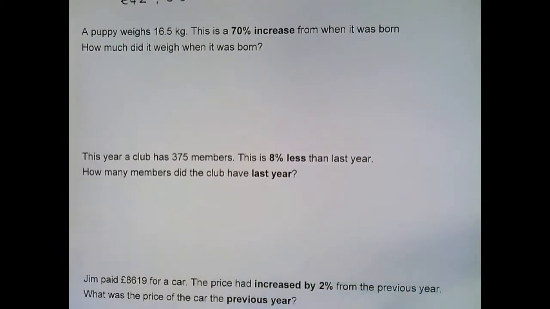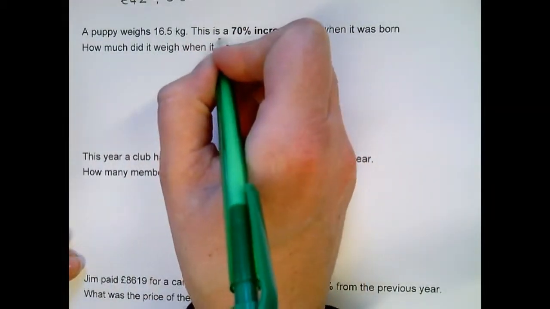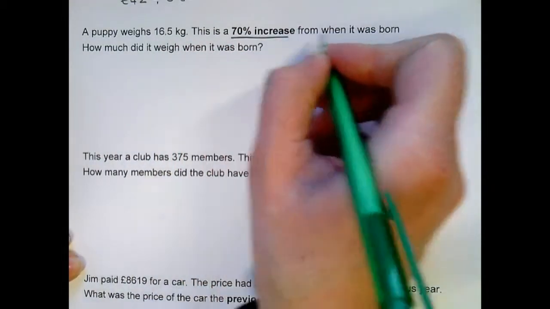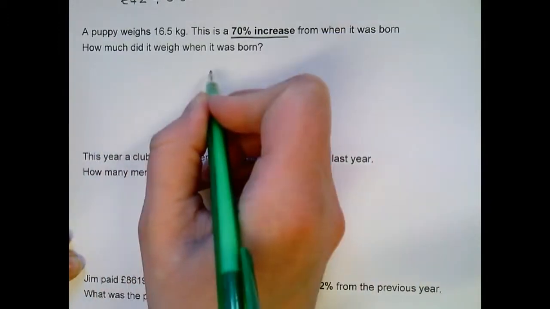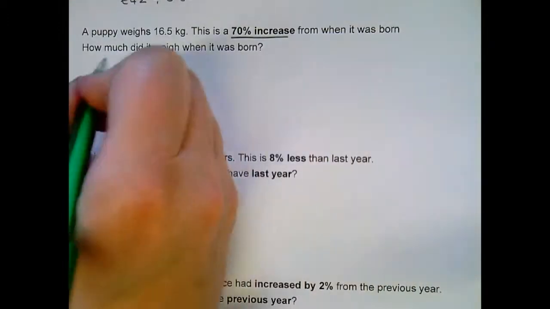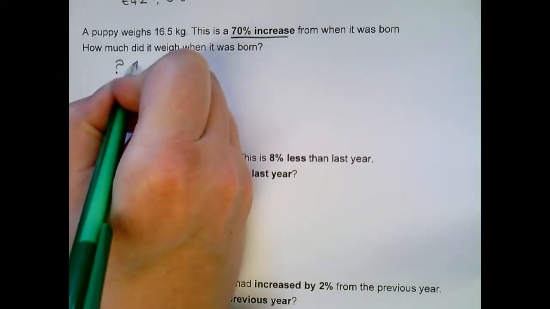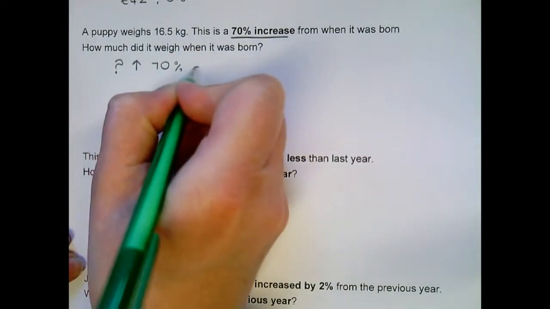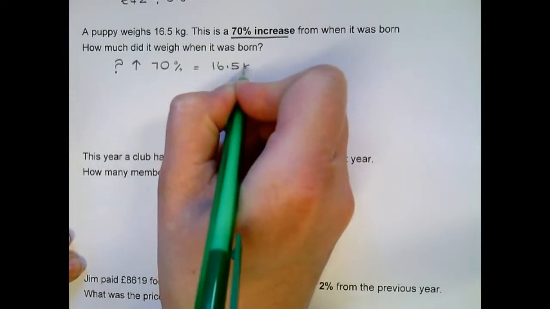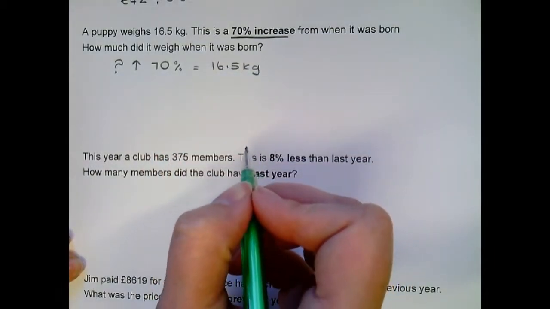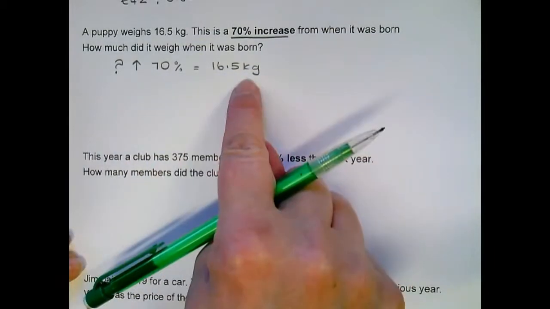The next one, a puppy weighs 16.5 kilograms, and this is a 70% increase from when it was born. How much did it weigh when it was born? So this is the weight whenever it was born, and it has been increased by 70%, and now it weighs 16.5 kilograms. I think it's easier if you take the sentence and write down what's happened.